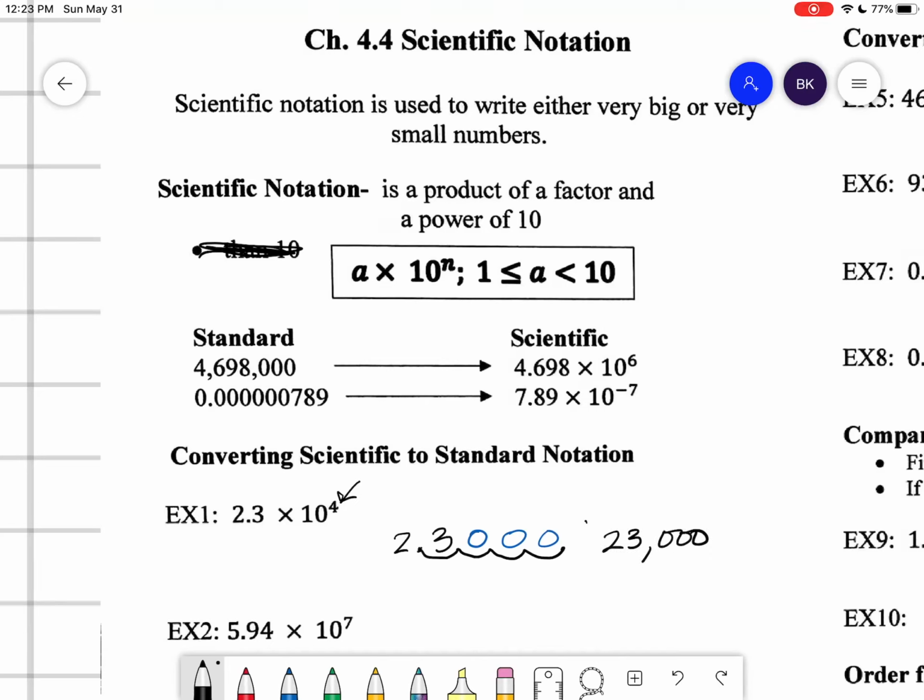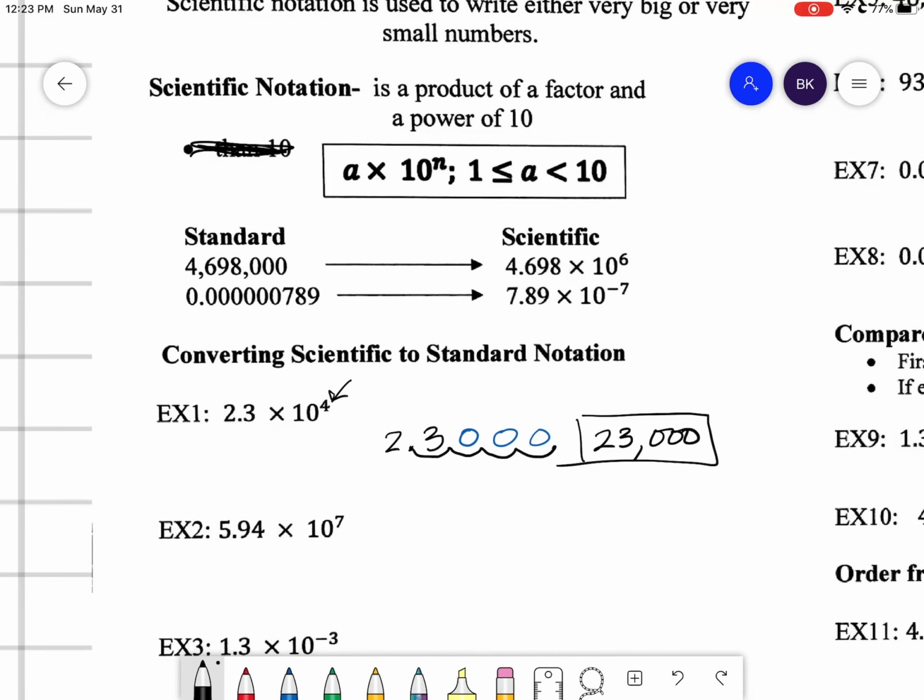when you convert 2.3 times 10 to the 4th to the standard notation from scientific. Let's take a look at the next example, 5.94 times 10 to the 7th power. And again, I'm going to take a look. I'm seeing 7. So I'm just going to rewrite 5.94.